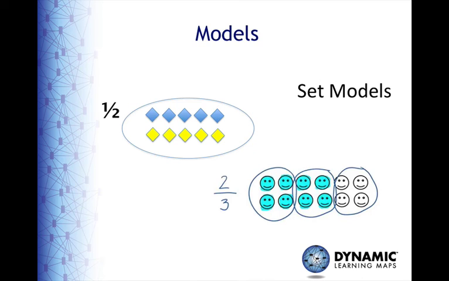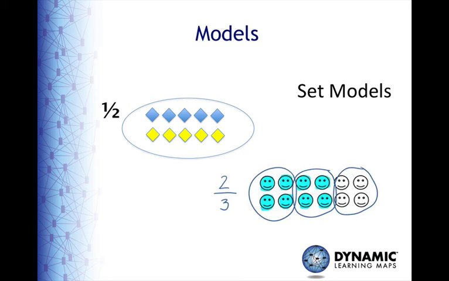Using this model can be challenging for students. First, it's hard for them to think about a set of objects as a whole or unit. To help students see the set of objects as a whole, put a loop of yarn around the set, then create subsets still within the loop of yarn.